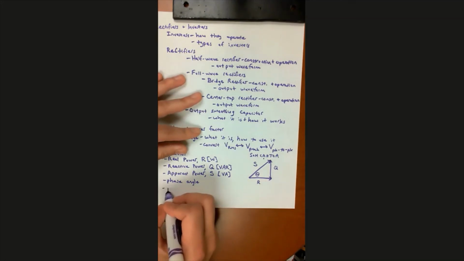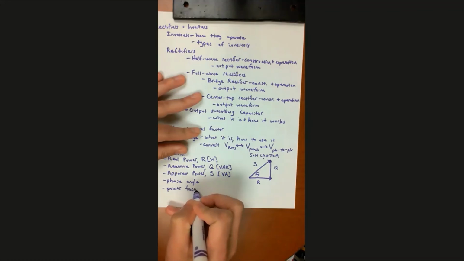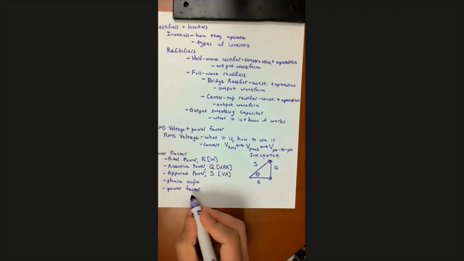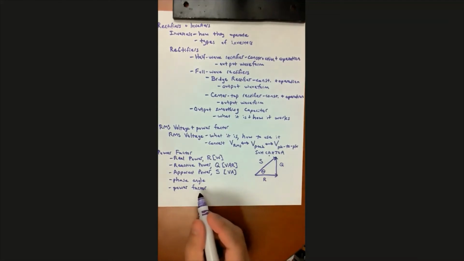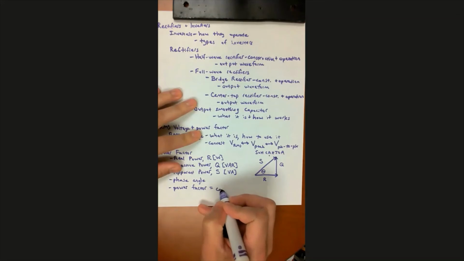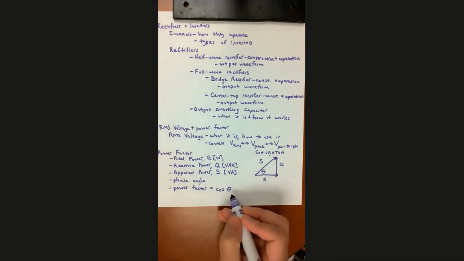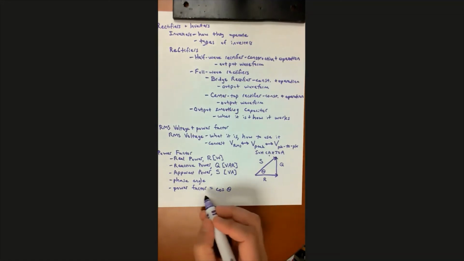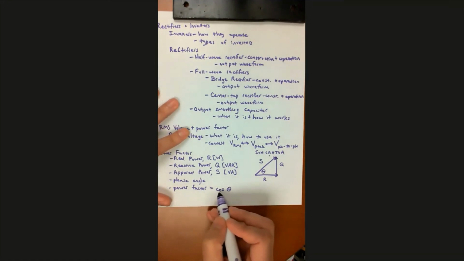The power factor then, that's what we're trying to get to. The power factor you can think of as a measure of efficiency of the electric grid or of a load being powered by the electric grid. And it is equal to cosine theta. Theta is the phase angle right there. That's one definition of power factor. And we have another definition because we know what cosine of any angle is.